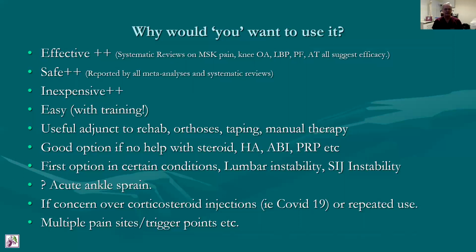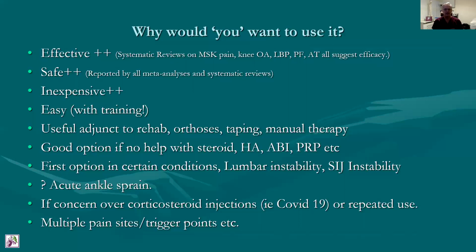There is some anecdotal interest from football physiotherapists who believe that in acute ankle sprain, dextrose prolotherapy can significantly shorten the time to return to play. And also, as I said earlier, some people have a concern over using steroid injections, particularly in the recent coronavirus crisis, or repeated use of steroid injections, which may have a detrimental effect on connective tissue.